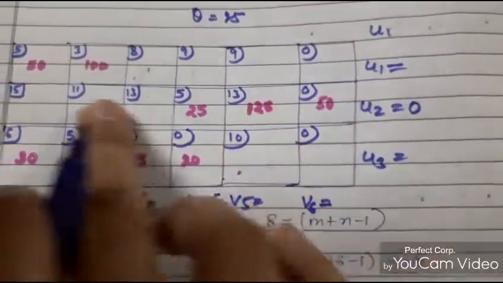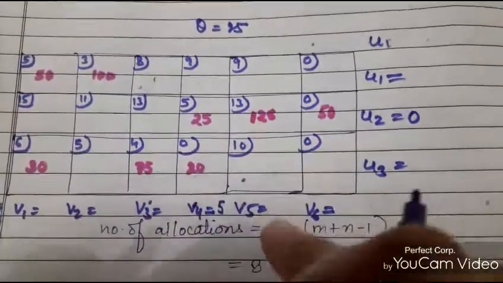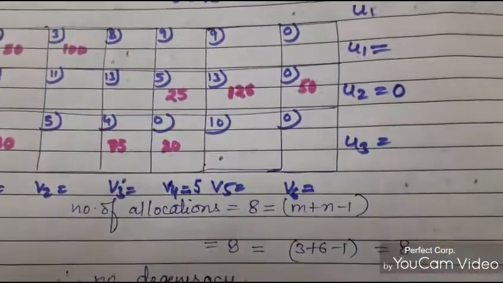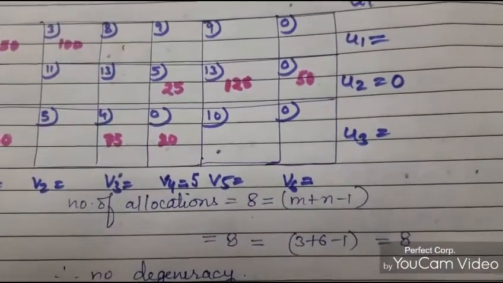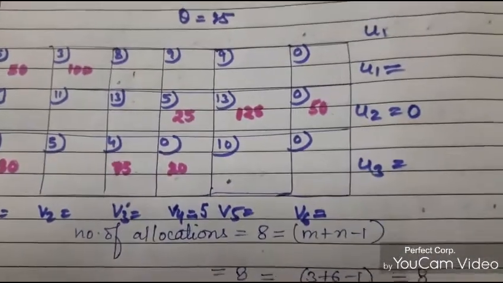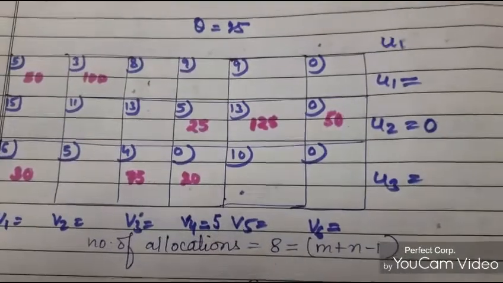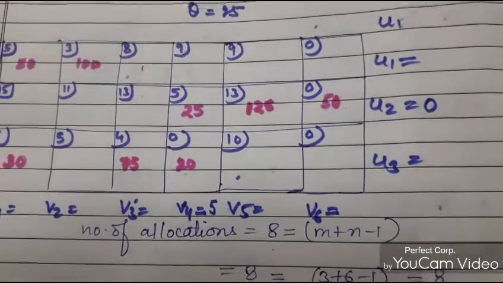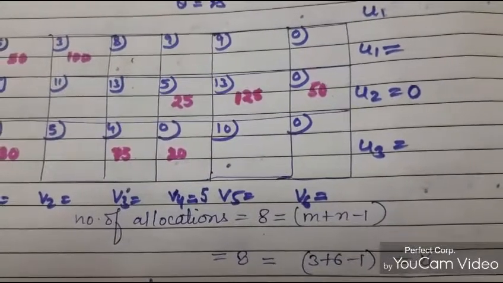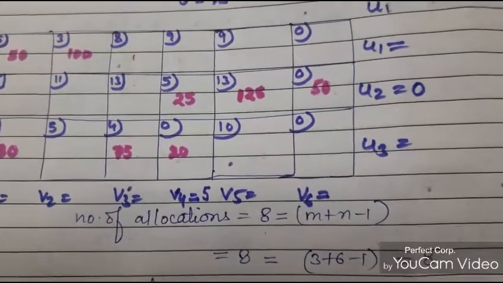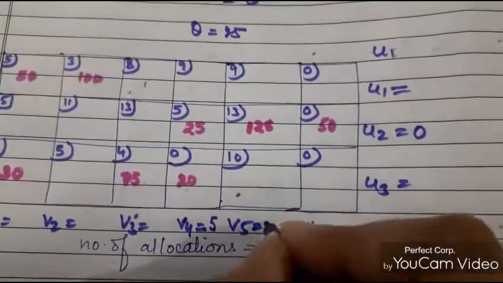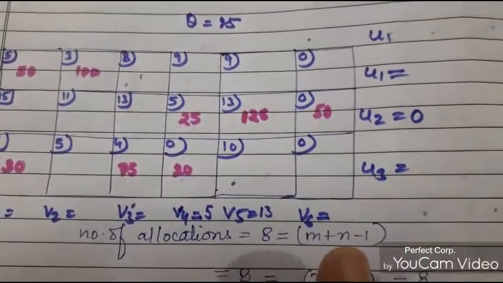Now use this cell. This is the second row and fifth column. So C2,5 equals u2 plus v5. The cost of C2,5 is 13. 13 equals u2, which is 0, plus v5. So v5 equals 13. We will write v5 equals 13.